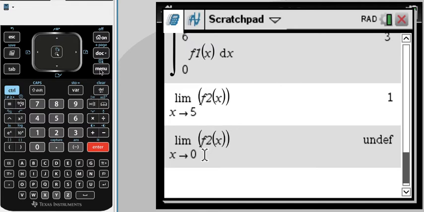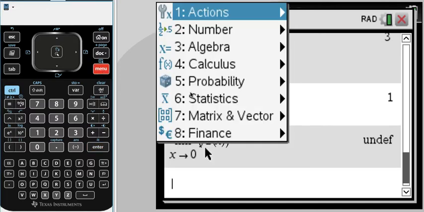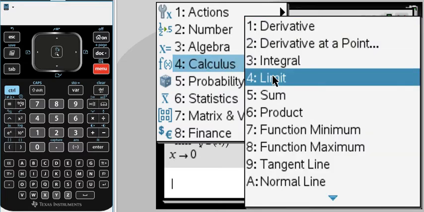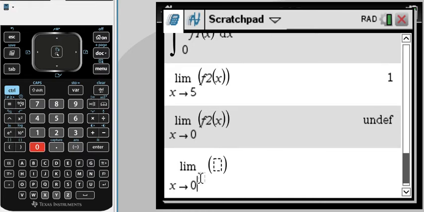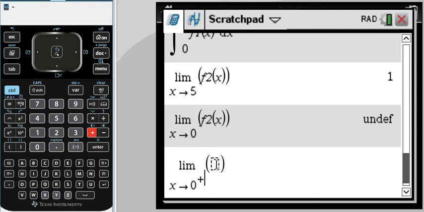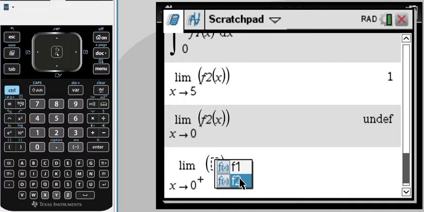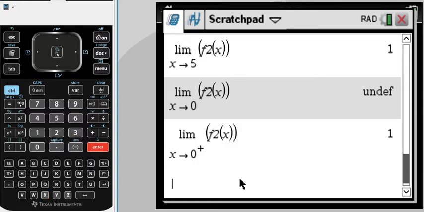So if I come back to the menu and go to calculus limit, and I want x approaching 0 from the right, I just put that little plus sign up there and I do f2 of x, hit enter, and now I should see a 1 pop up, and I sure enough see a 1 pop up. So you can do one-sided limits, you can do two-sided limits.